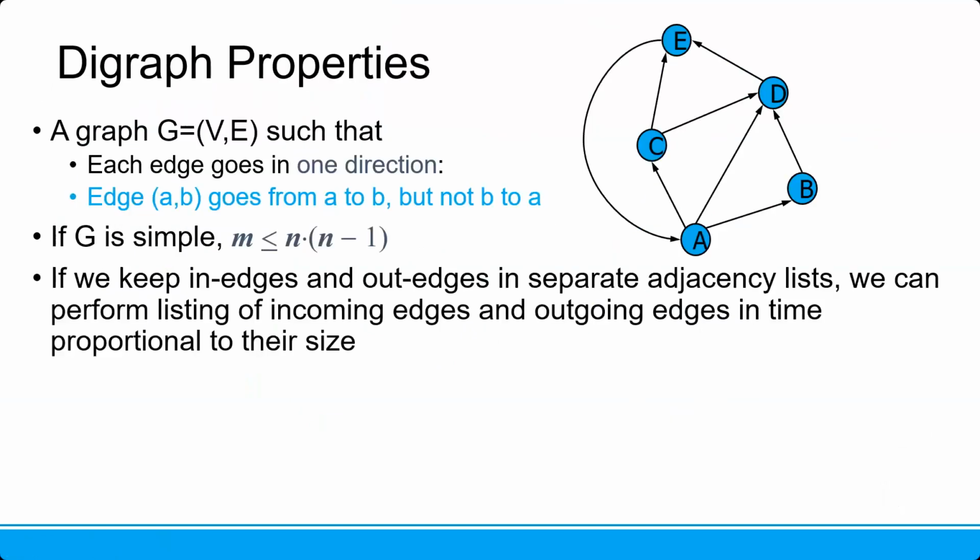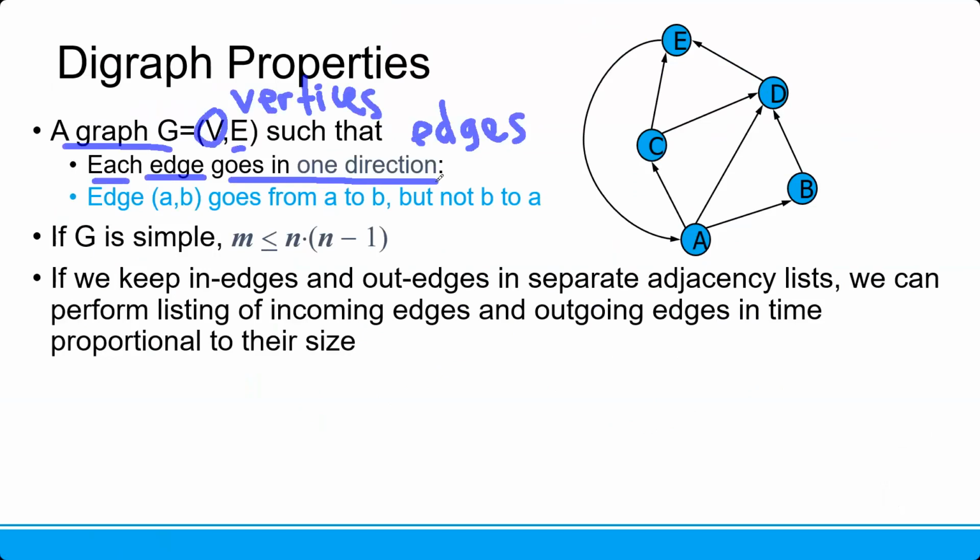The property of the digraph is the same as the graph, except for the edges. A graph G has V, which is the vertices, and then we have E, the edges. Each of the edges goes in one direction.